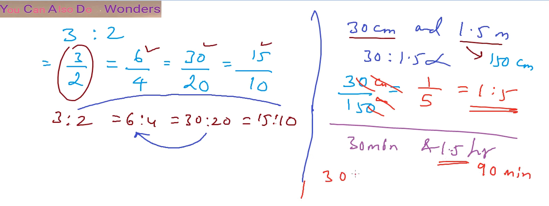So its ratio is 30 is to 90, now both are the same units, which is equal to 3 is to 9. I will simplify further, we get 1 is to 3. So that's the ratio.